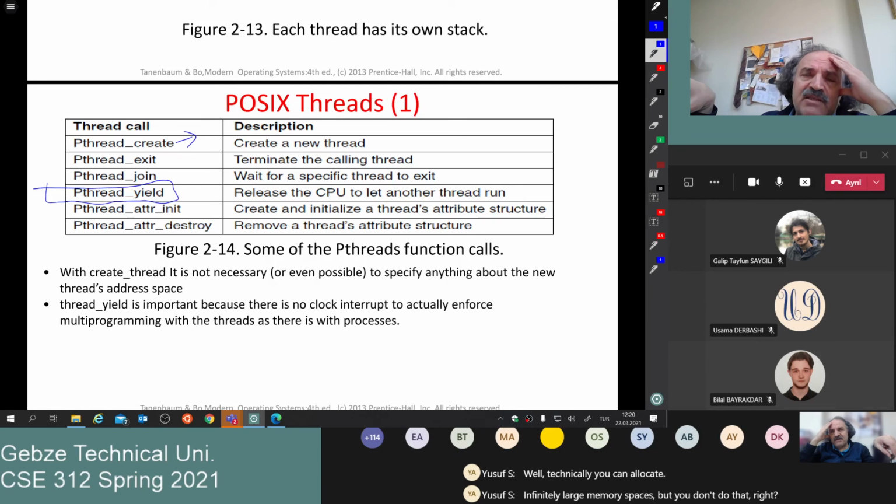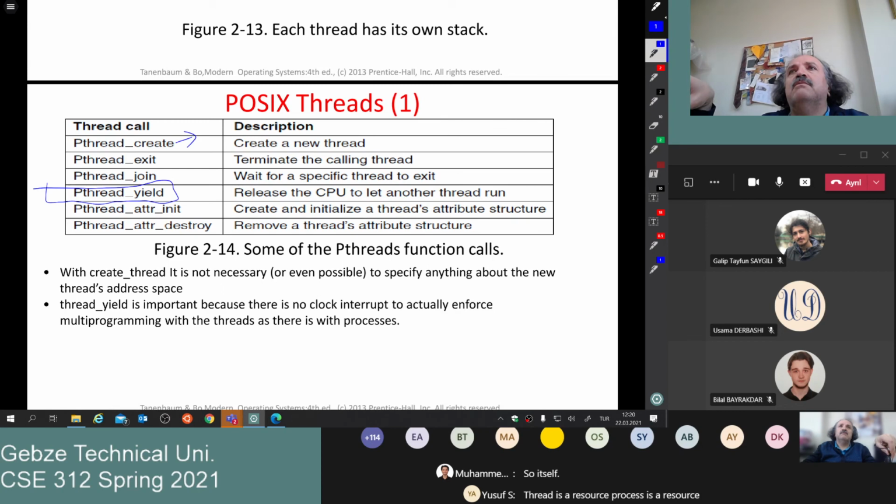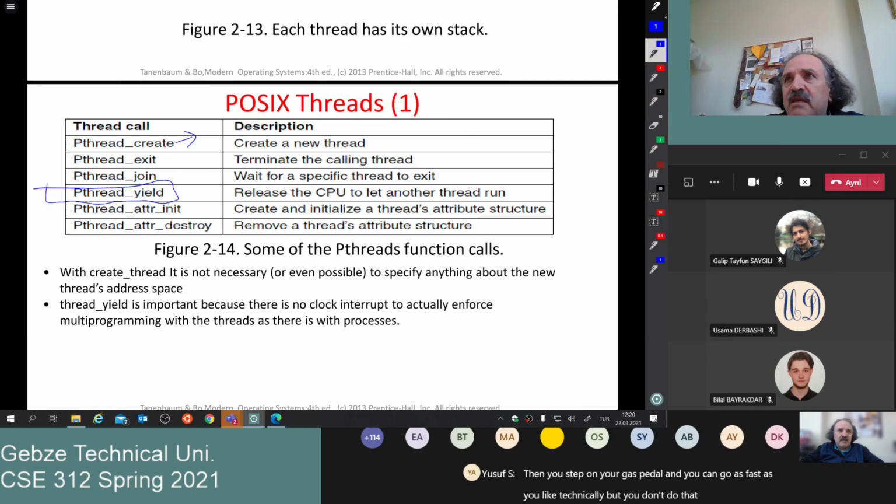Thread is a resource. Process is a resource. Memory is a resource. So you act responsibly, right? Technically, you can jump into your car and step on your gas pedal and go as fast as you like, but you don't do that because that's very dangerous.